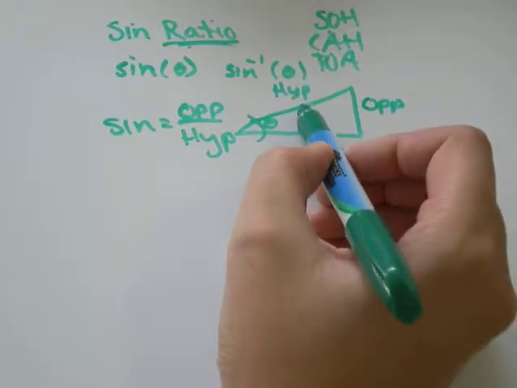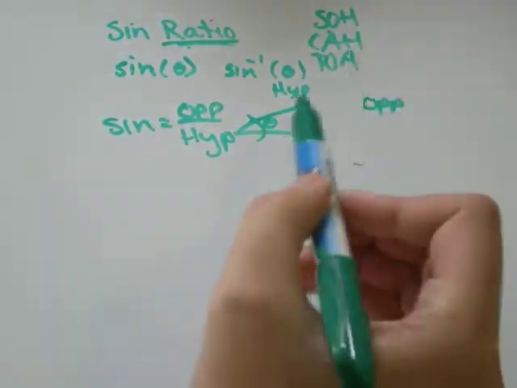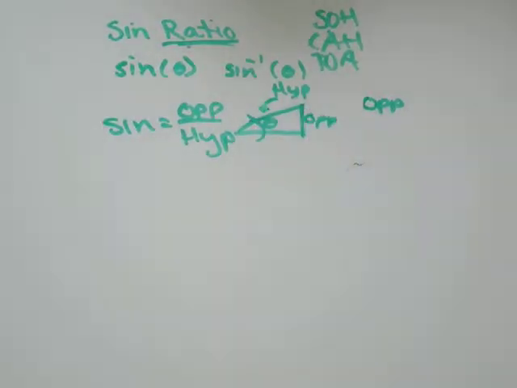If I made this triangle smaller, that opposite side divided by that hypotenuse would equal the exact same decimal. So the sine ratio tells us that no matter how long the sides are, for every angle, let's say 26 degrees, every triangle with 26 degrees will give the same decimal when you divide the opposite side by the hypotenuse.